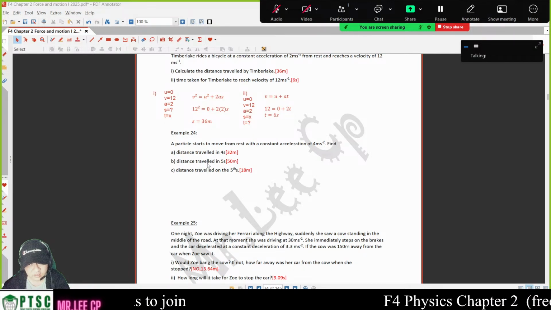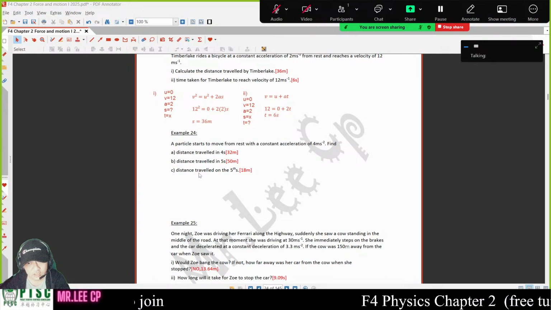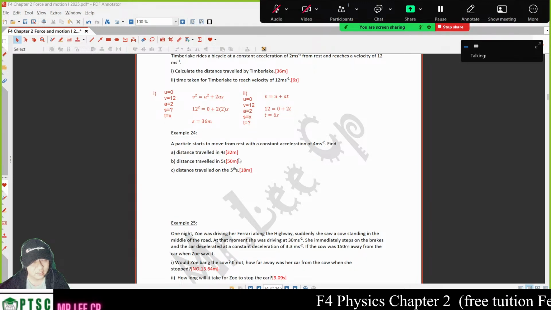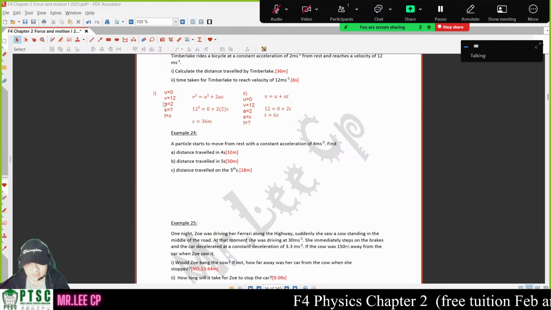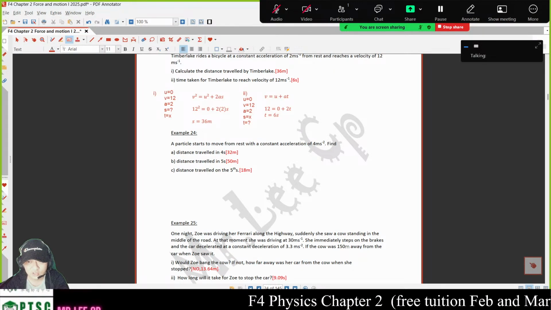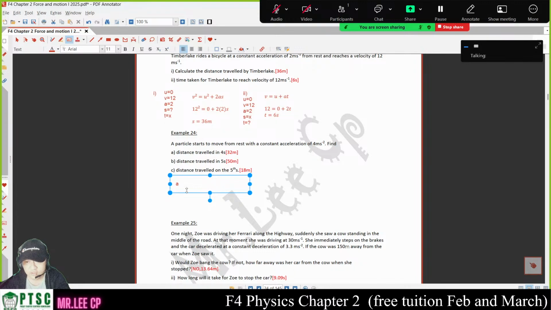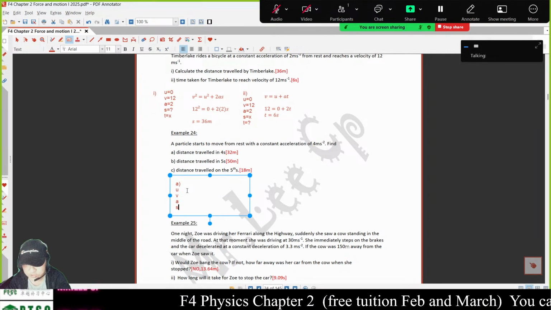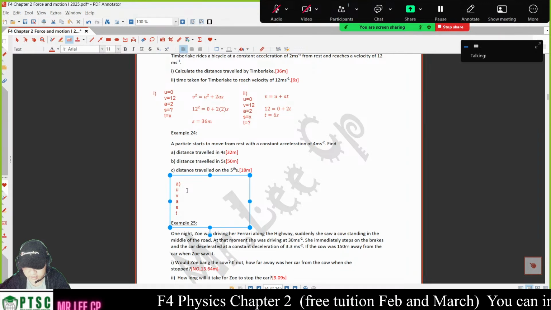Find the distance traveled in 5 seconds. Find the distance traveled in the 5th second. Teacher, this is all almost the same, but it is not the same. So you need to know how to do it. U, V, A, S, T. List it out.